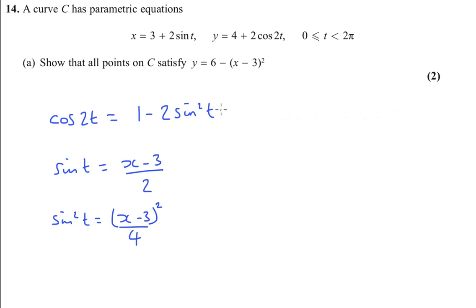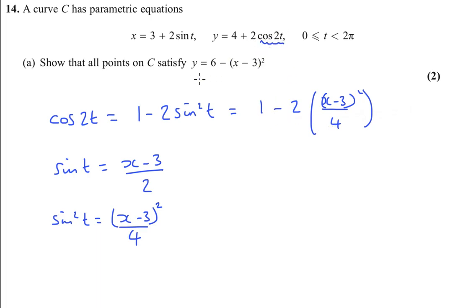That means that when we see this cos 2t, we can write 1 minus 2 lots of this. So 1 minus 2 lots of x minus 3 squared over 4. So that's what we're going to substitute in here.